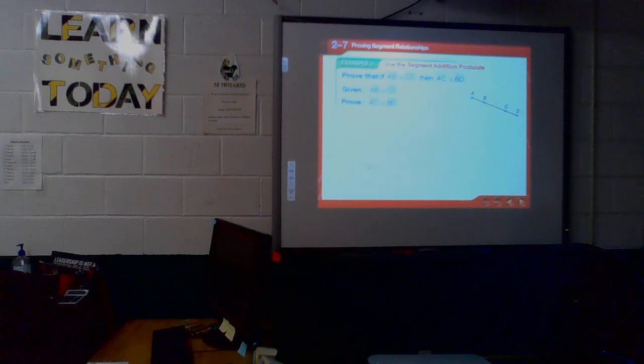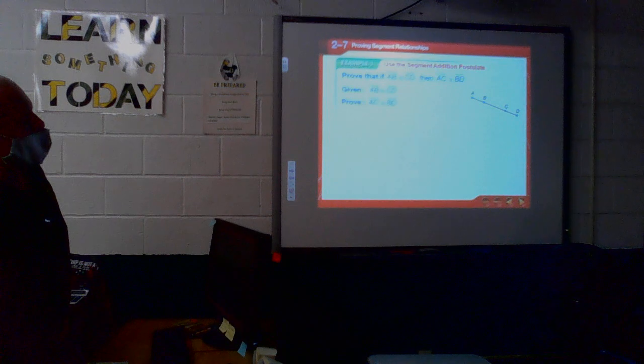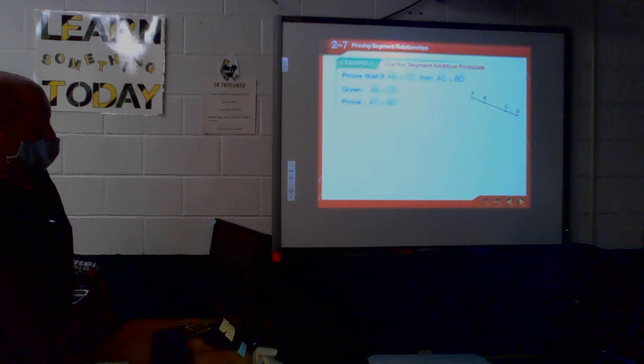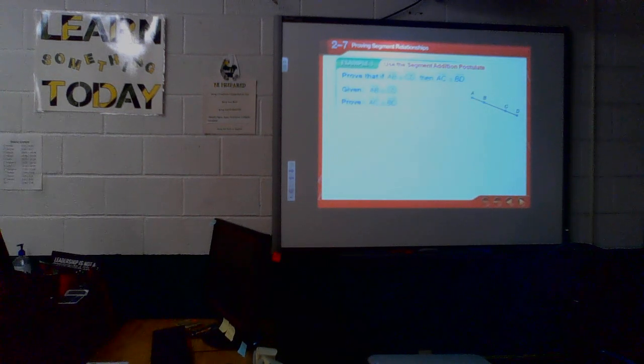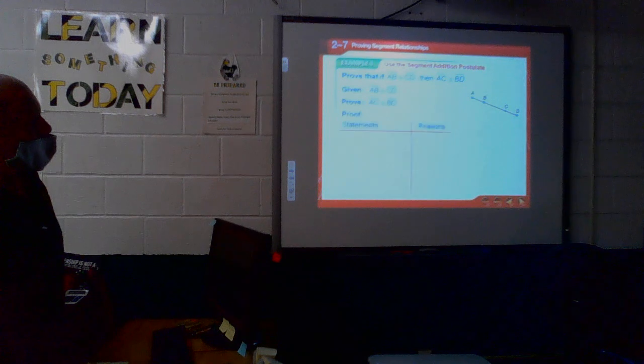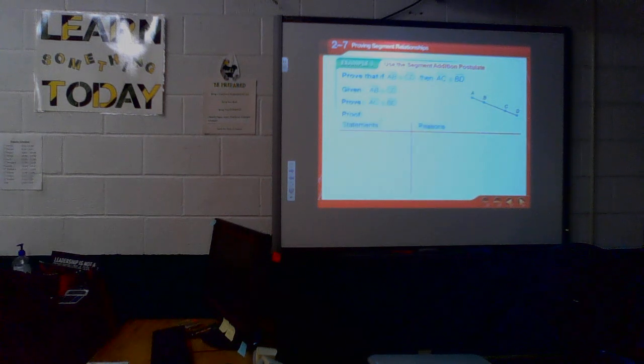So the first thing here, it says prove that if AB is congruent to CD, then AC is congruent to BD. So again, the if part, my hypothesis, turns into my given. The conclusion turns into my proof. So if I am given AB is congruent to CD, my first step obviously is to write that down again and say given, right? What's my next step? What did we learn today?